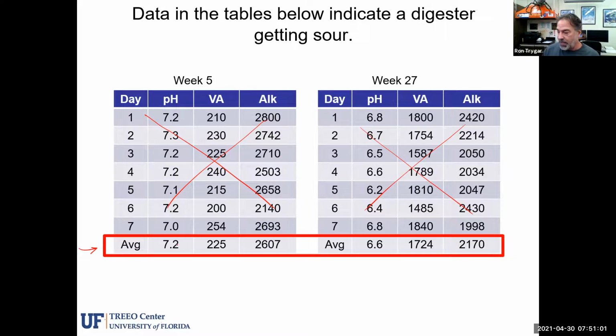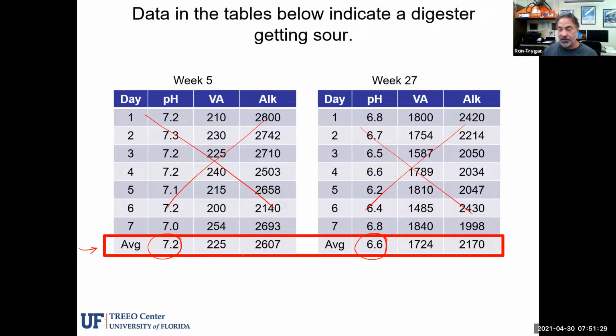Notice the pH is 7.2 on week number 5. The pH over here, week number 27, has dropped. So we know we're probably in a sour digester situation in this time period. The volatile acid, when the plant was running good and the digesters were good, was 225 into 2,607 alkalinity.